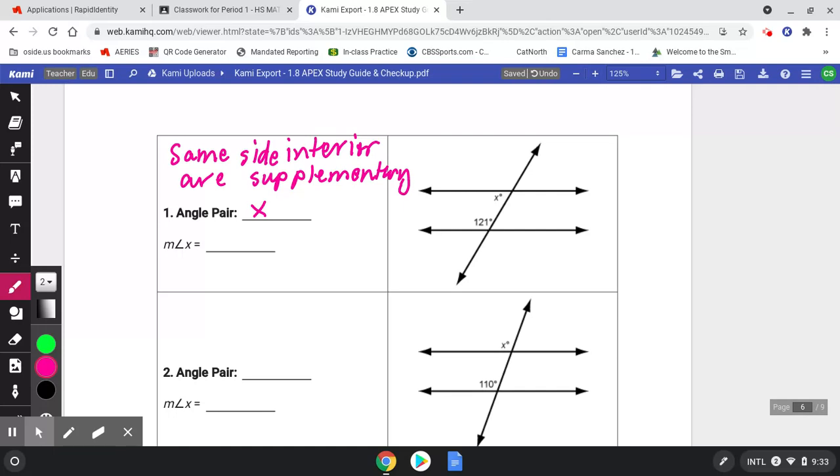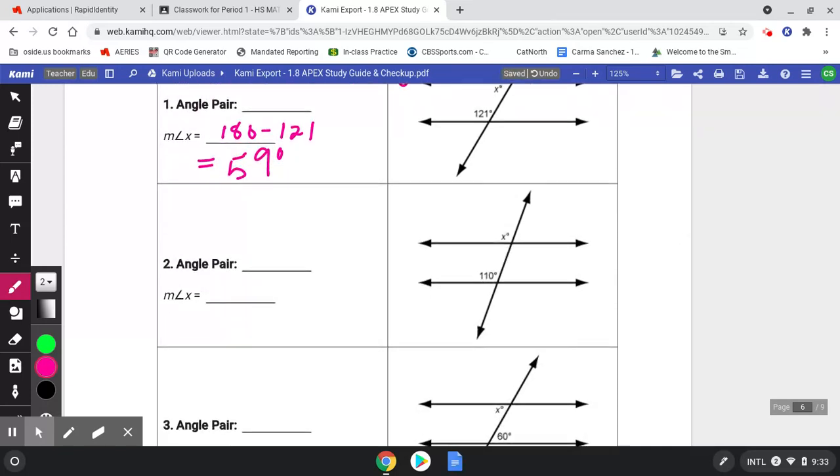Sorry, I wrote that on the wrong line. We already wrote what it was. So the measure of angle x is equal to 180 minus 121. So grab your calculators. And we get 59 degrees.